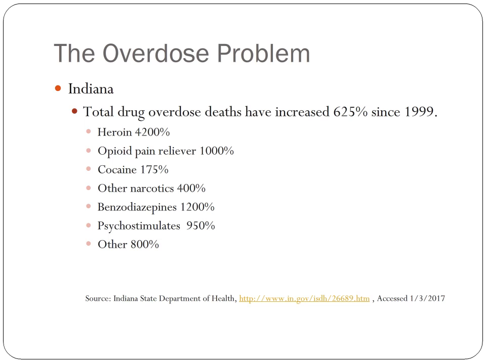Opioid pain relievers deaths have increased 1,000%. Cocaine 175%. Other narcotics are at 400%. Benzodiazepines are at 1,200%. Psychostimulants are at 950%. And other drugs are at 800%. So there's been a huge increase over the last 16 or 17 years from all drug overdose deaths.